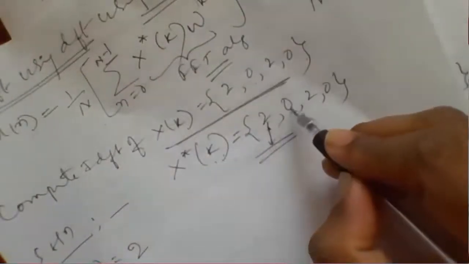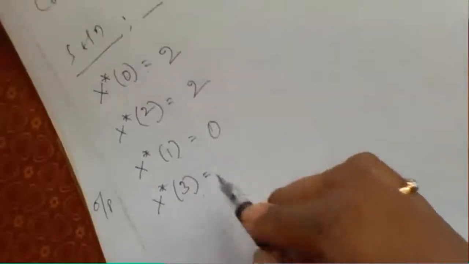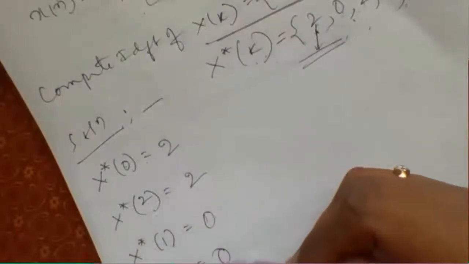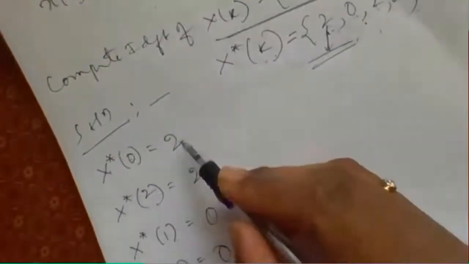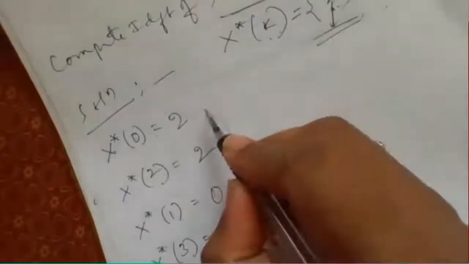This sample is X star of 0, X star of 1, 2, 3. Correspondingly, X star of 1 is 0, and the last one is also 0. So this 2020 is written in the bit reversed order as 2200. Now this is the input to the first stage. So, first stage computation.